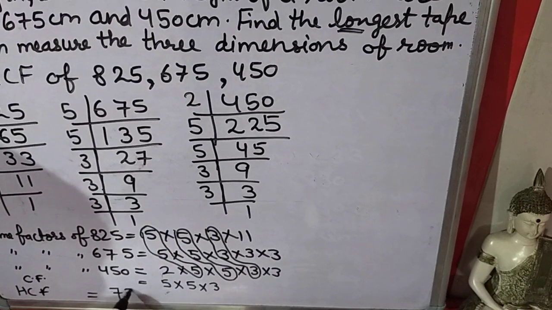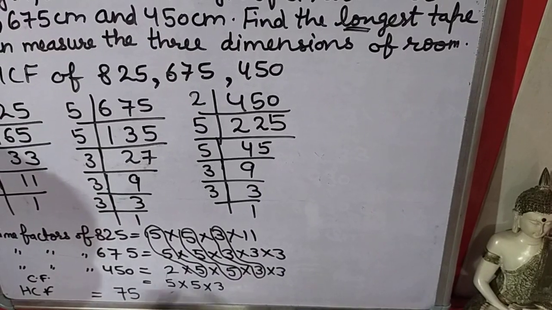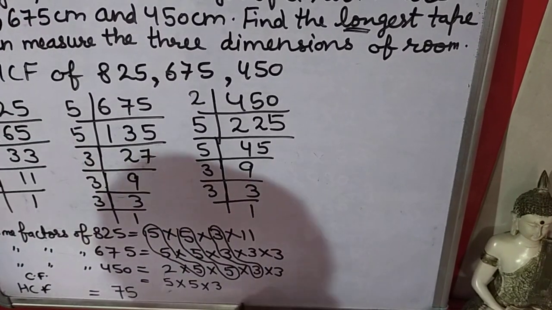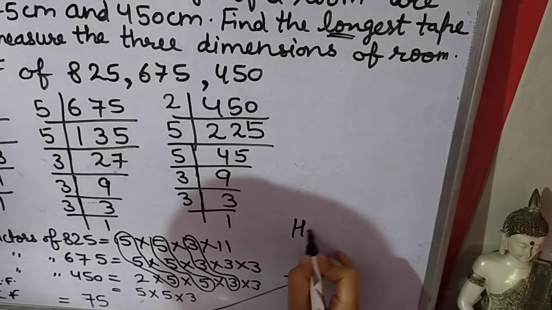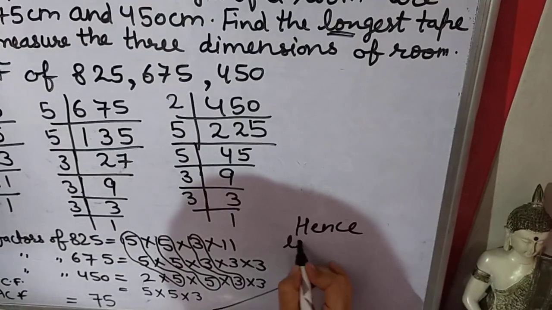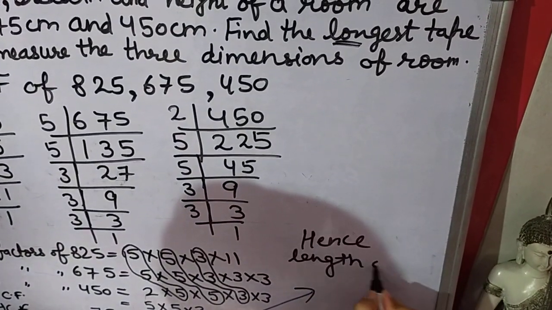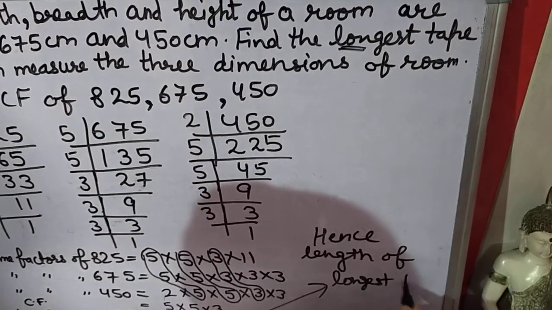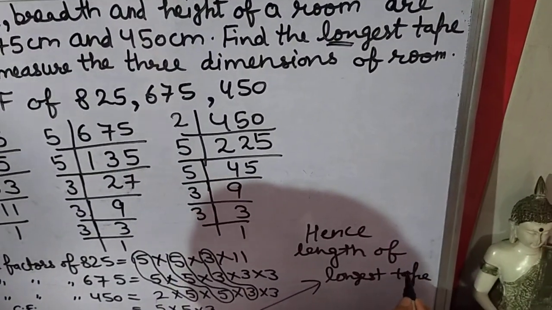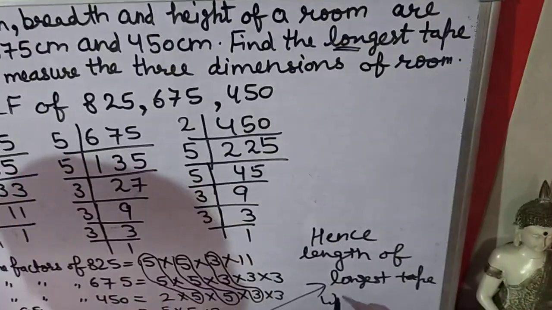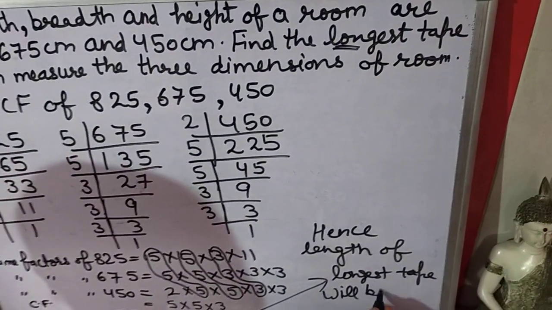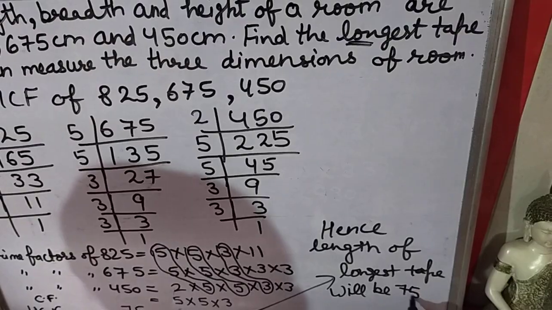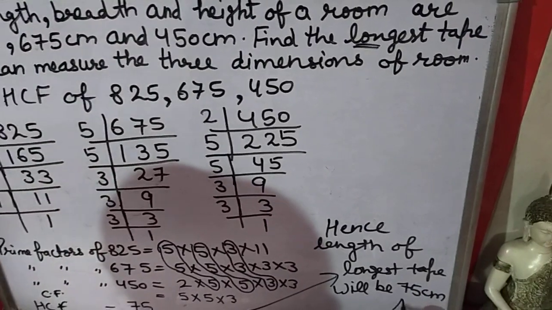It will be 75. 5 5s are 25, 25 3s are 75. Hence the length of the longest tape will be 75 centimeter. Answer.